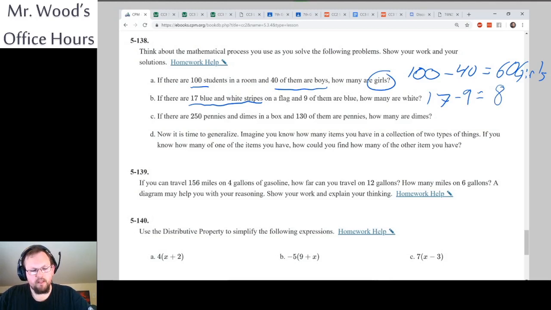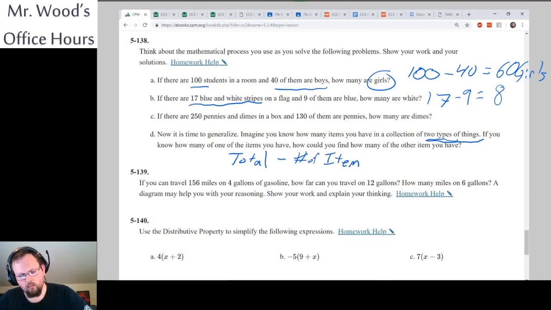When you do this, it says, okay, there's 2 types of objects, and how do you find the missing one? If you have 2 things and you want to find the missing bit, all you have to do is you take the total number of items minus the number of item 1, and then that is going to give you item number 2, whatever that would be.